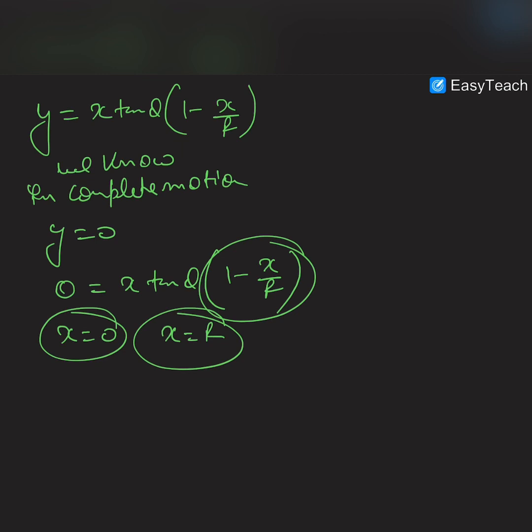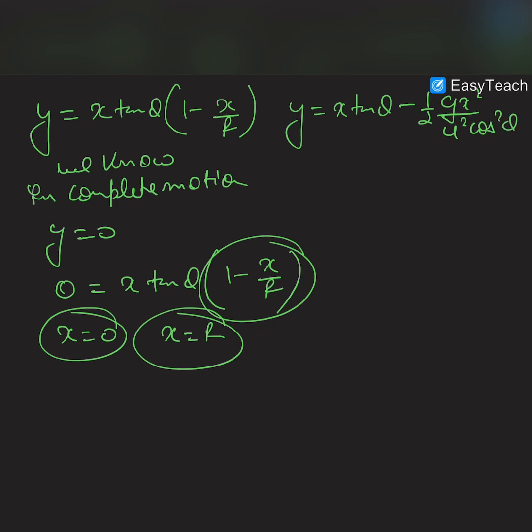But we also have to find out the value of the range. So we will use the equation y is equal to x tan theta minus half g x square upon u square cos square theta.